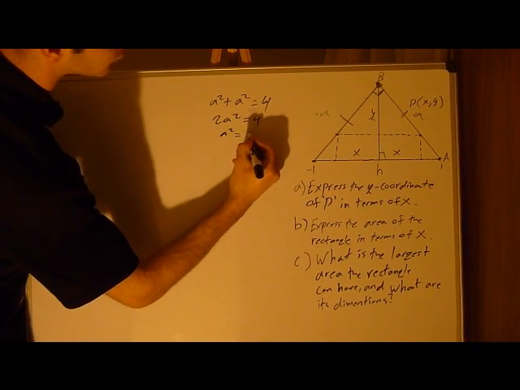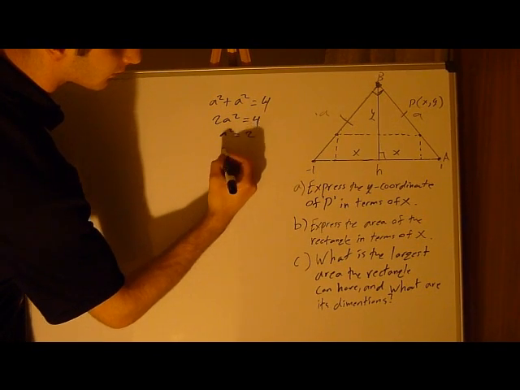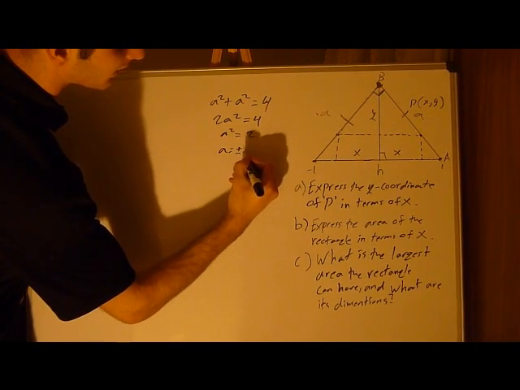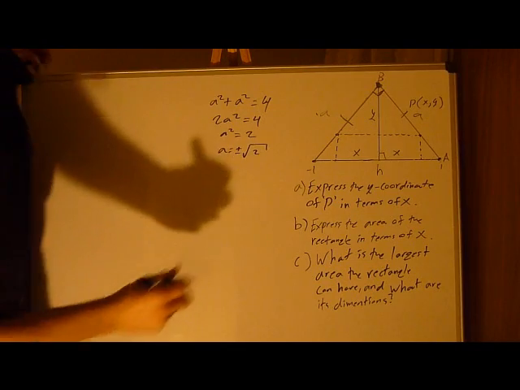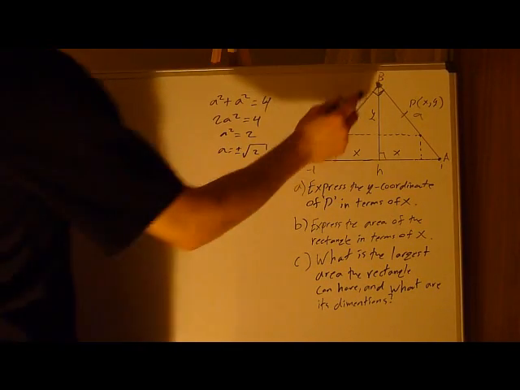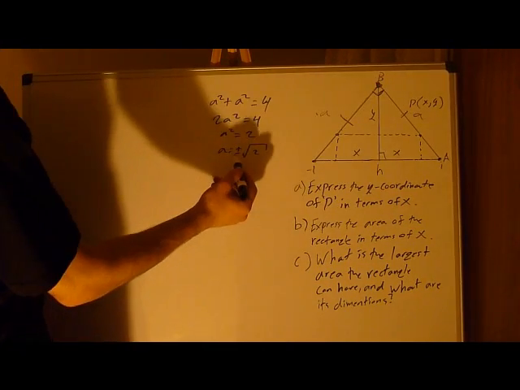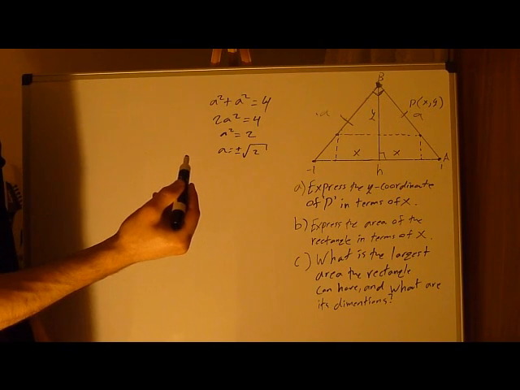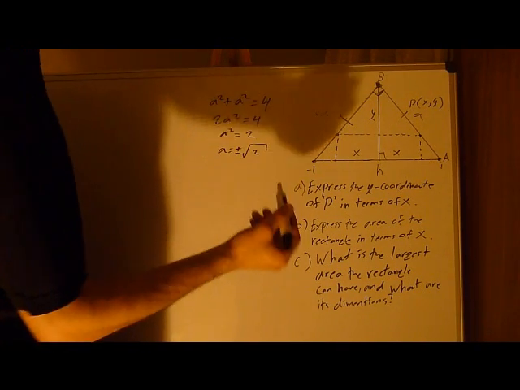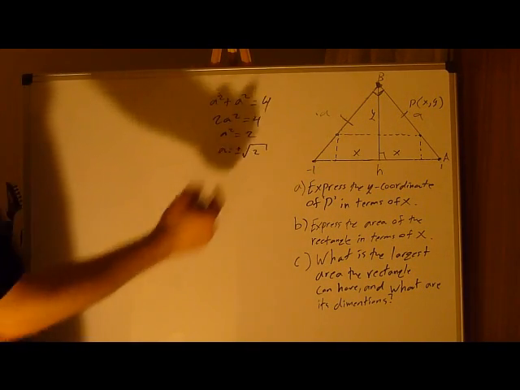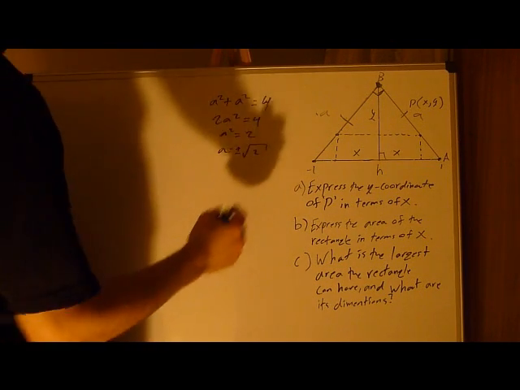A squared is equal to 2. A is equal to plus or minus square root of 2. Since we're talking about lengths, it doesn't make sense to have a negative length, so we're going to ignore the negative. So it's just positive root 2.